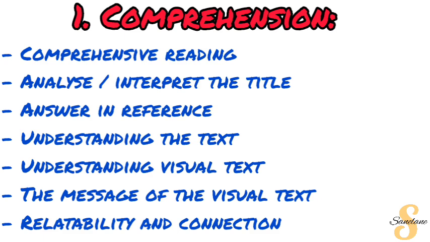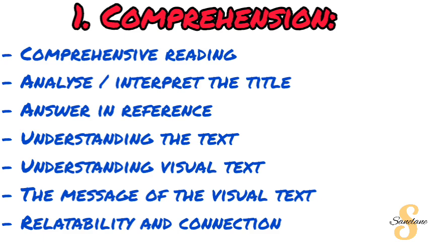Be able to analyze and interpret the title. So can you tell what the comprehension is going to be all about from just looking at the title, and do the two relate? And then answer in reference. The questions that come in this section will refer you to specific paragraphs.